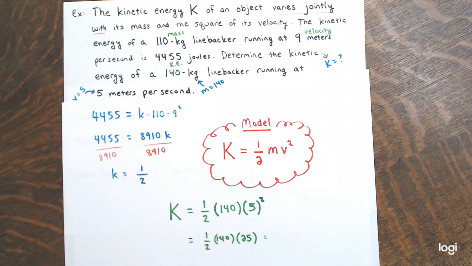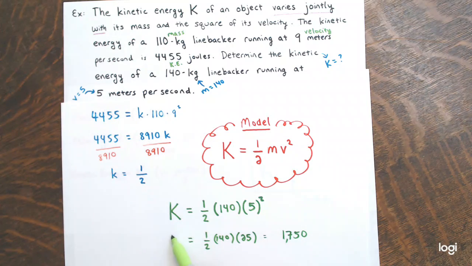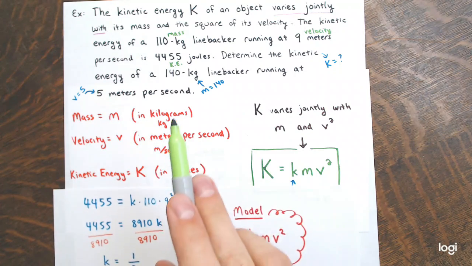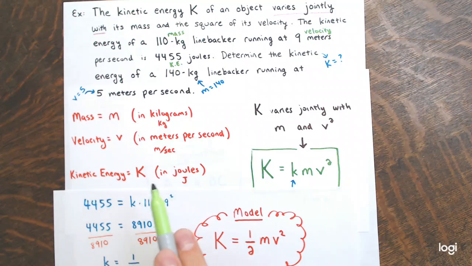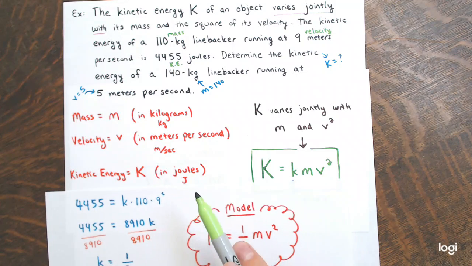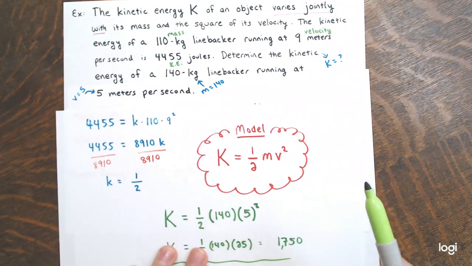Well, you can just do 7 times 25, which would be 175, and then add a 0. All right, so 1750. So we're getting a kinetic energy equal to 1,750. And remember the units on this, I mentioned it earlier. The units on kinetic energy is joules.